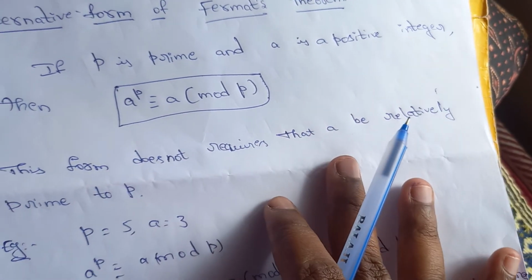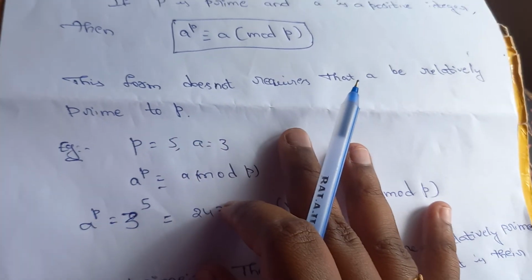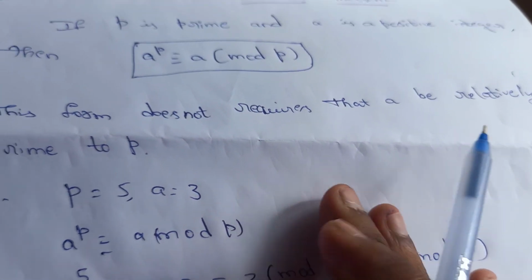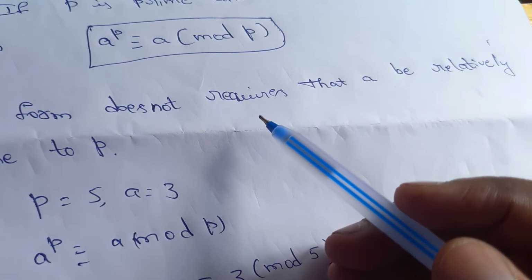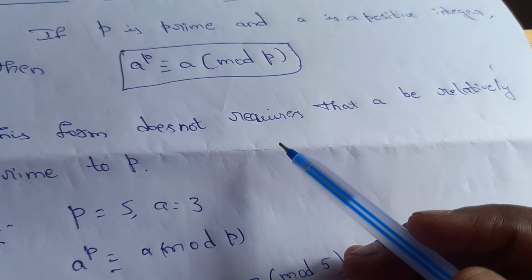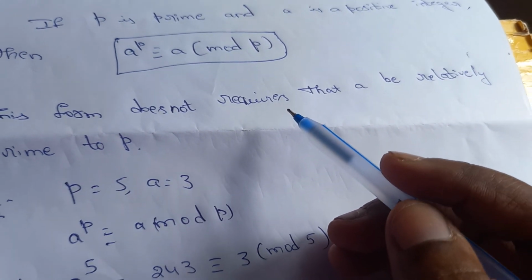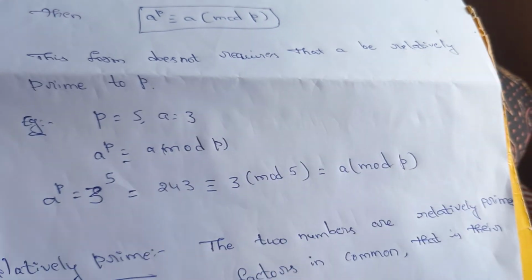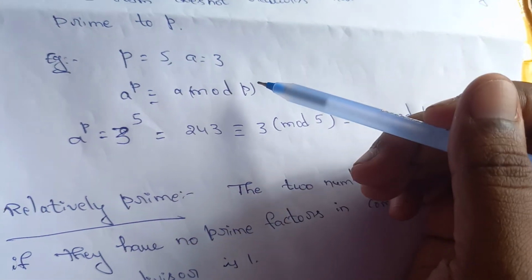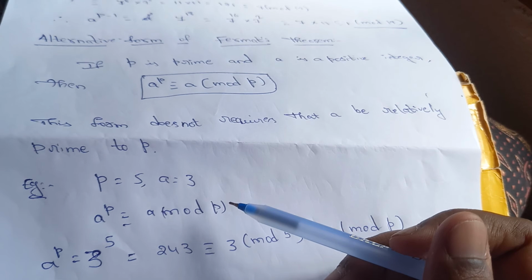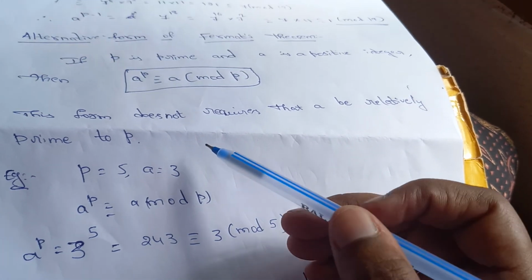Look at the example here. We should prove that a power p is equivalent to a mod p. Consider a equal to 3 and p equal to 5.